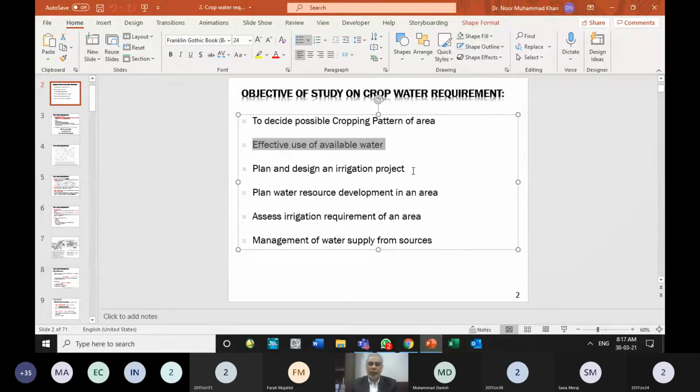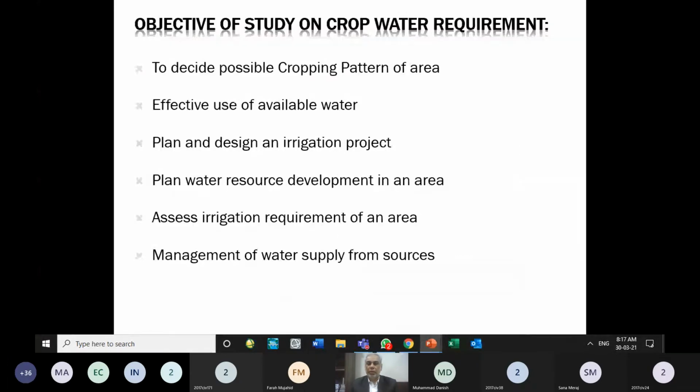Also, for planning an irrigation scheme, as you are doing over here in the lab, like the Punjab government is making a new irrigation scheme, they call it the Jalalpur Canal system. When they planned that system, they first calculated the requirement of water for the crops they propose to grow over there.